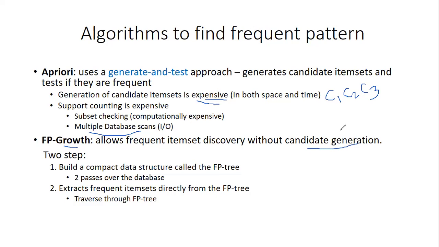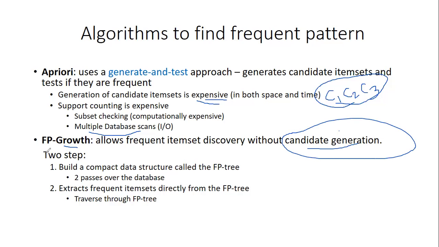Here we don't have the concept of generating C1, C2, C3, C4, and so on. Here we just scan the database and generate the frequent item sets by using a data structure called a tree. There is no concept of candidate generation in the FP growth algorithm.